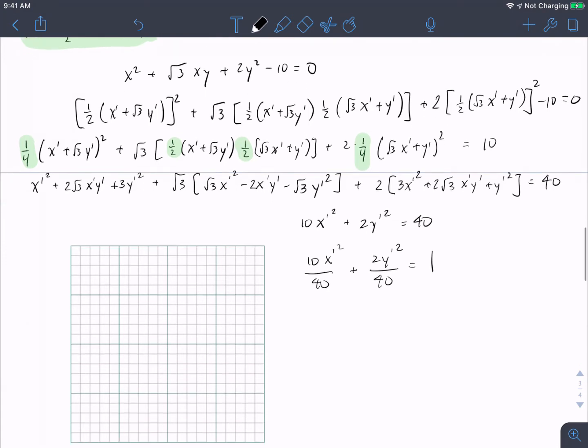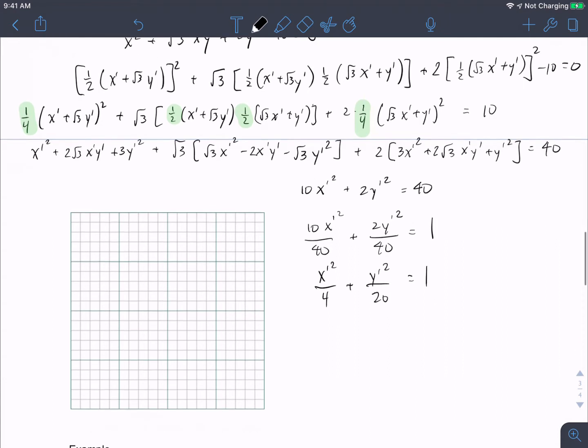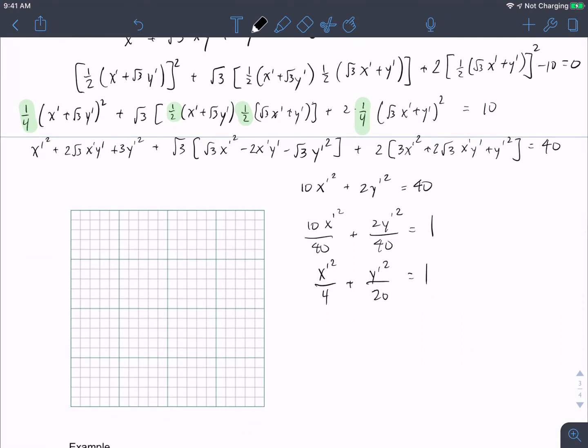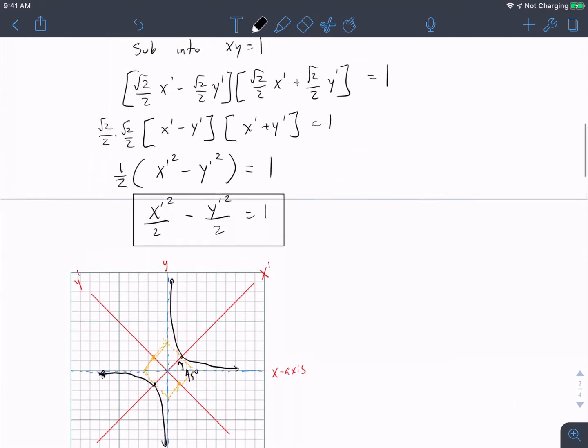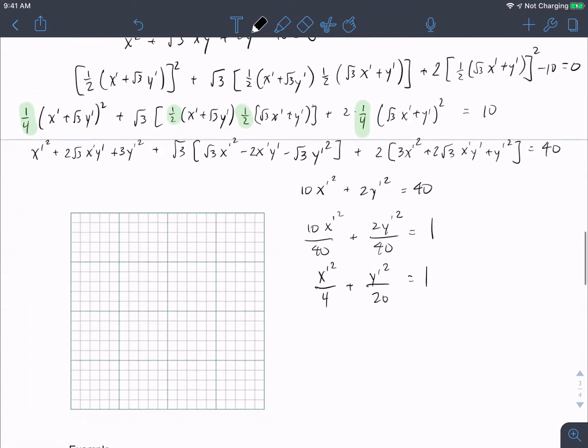And when that gets cleaned up, I'm going to get x' squared over 4 plus y' squared over 20 is equal to 1. And since there's a plus, I just want to make sure it's consistent. This right here then is going to be the equation that we're going to have, and that equation should look similar to you now.